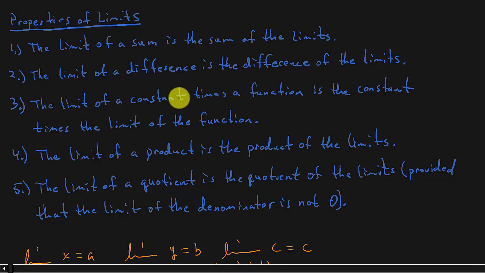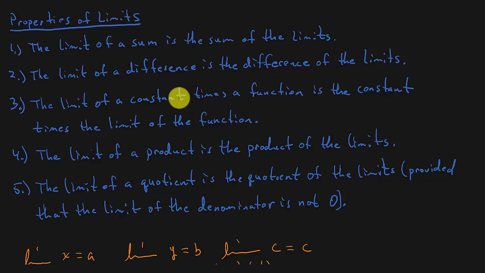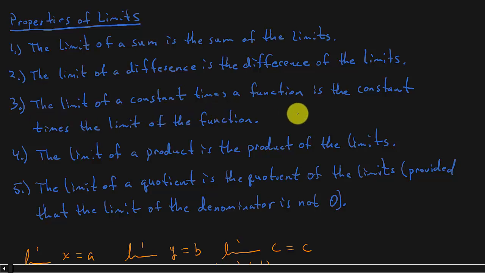So if you have the limit of something minus something, or plus something, you can do the limit of the first term plus or minus the limit of the next term. Then the limit of a constant times a function is the constant times the limit of the function. The limit of a product is the product of the limits, and the limit of a quotient is the quotient of the limits, providing that the limit of the denominator is not 0.